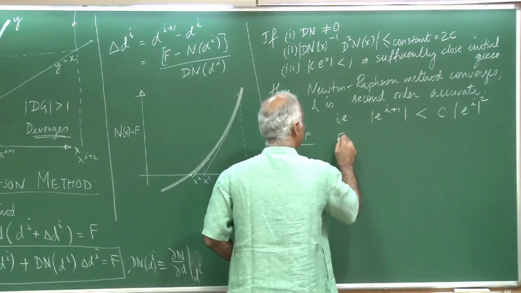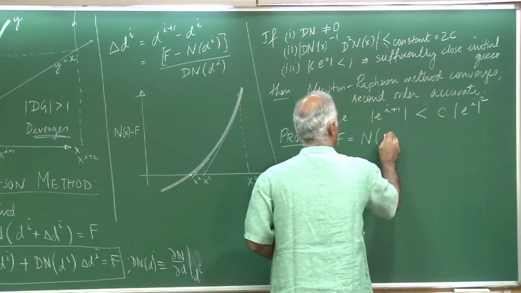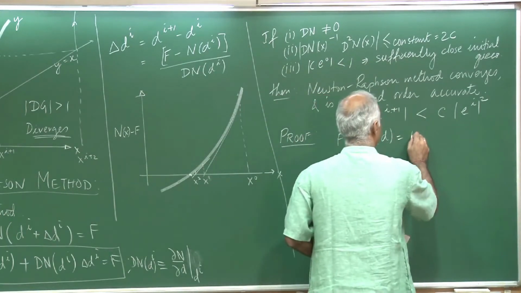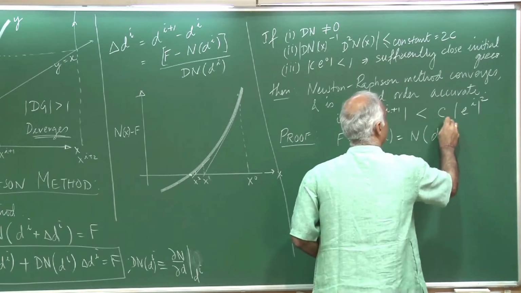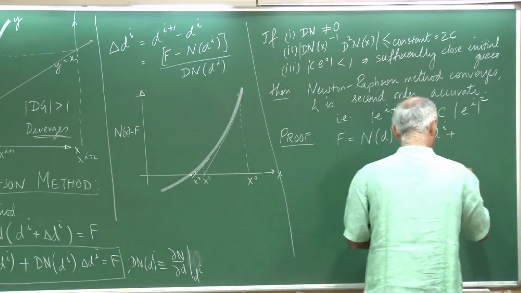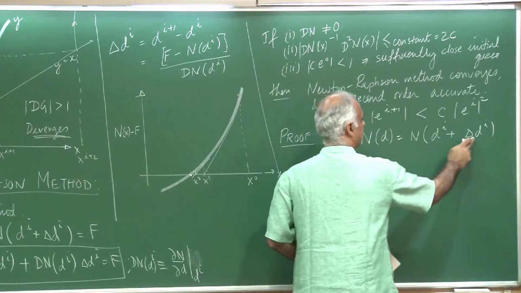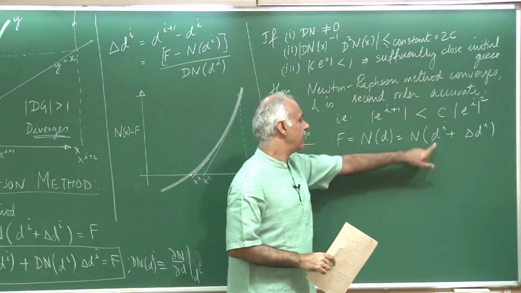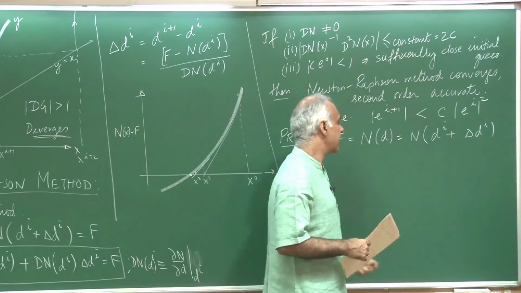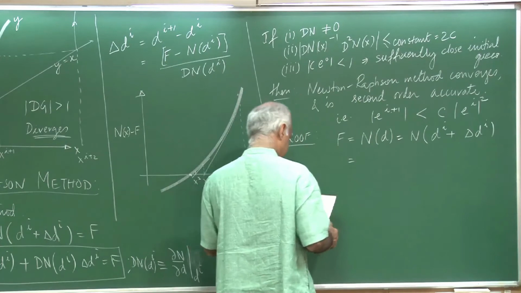I am going to start with f, which is essentially N of d, and I am going to write this as N of d_i plus delta d_i, where delta d_i is the increment on d_i. I already know d_i, and this is the correction that I am seeking. Let me expand this in terms of Taylor series.